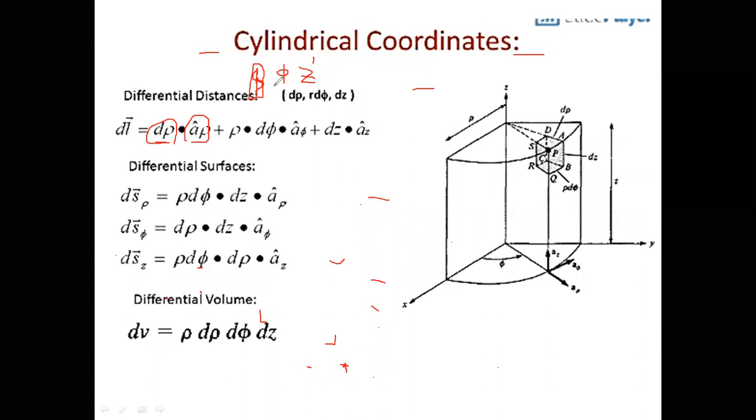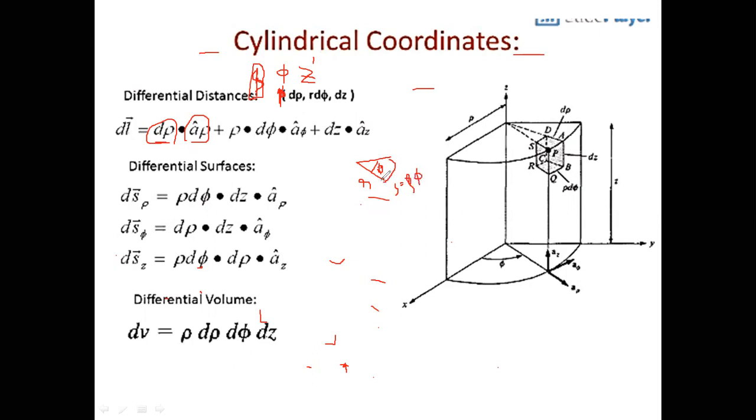Okay. Now the small length in the direction of phi. Phi is not a distance, it is an angle. So according to the chord length, this is rho, and if we take this as phi, what will this chord length be? S is equal to r theta. So here r is rho and theta is phi.